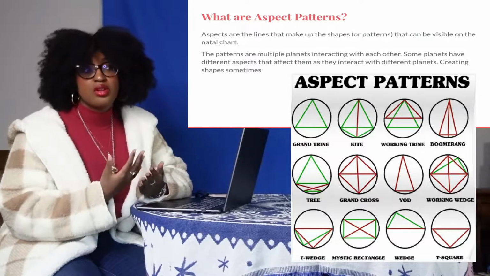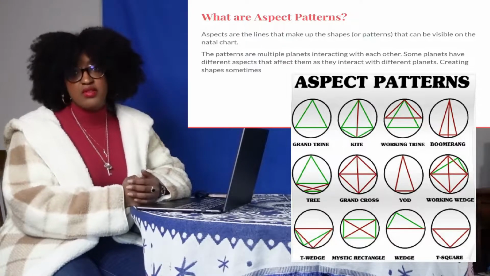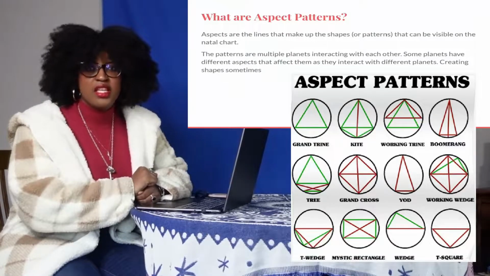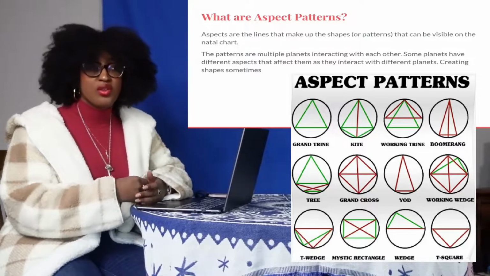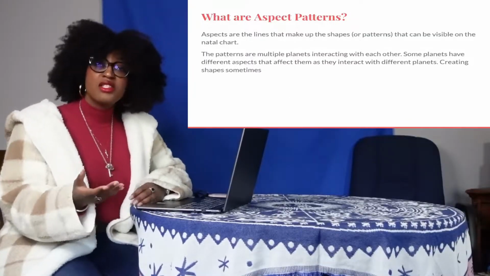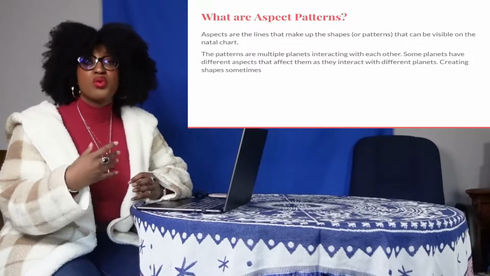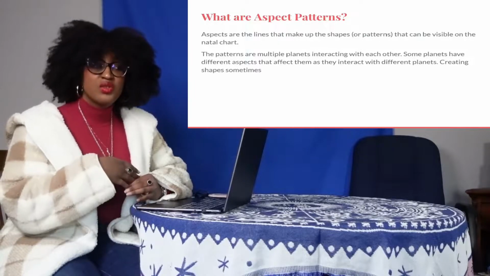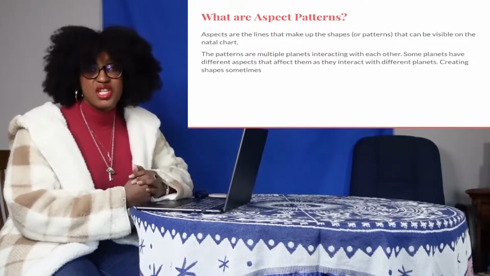So therefore, I'm not covering them, nor am I familiar with them, and I don't think I've ever seen them in a chart. Patterns like that are a lot of aspects interacting with each other. And as I said earlier, the more planets and asteroids you add into the chart, the more lines and aspects you get. So these complex shapes will start showing up even more than the basic shapes that I'm talking about today.